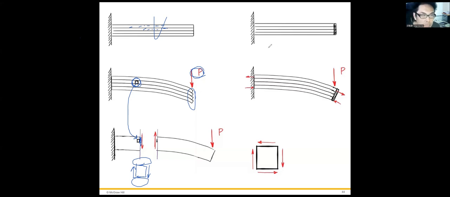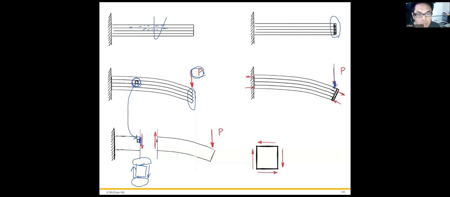So when we apply the point load, the plates slide against each other. The second case is that we still have the plates stacked, and we constrain each plate, stick the plates to each other tightly with strong glue, and then we apply the load.